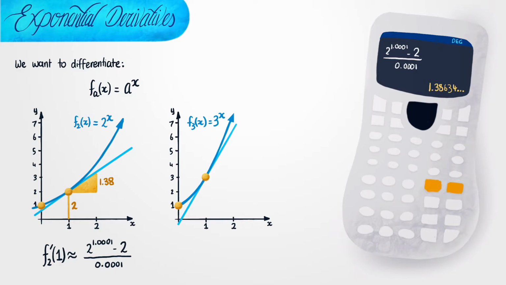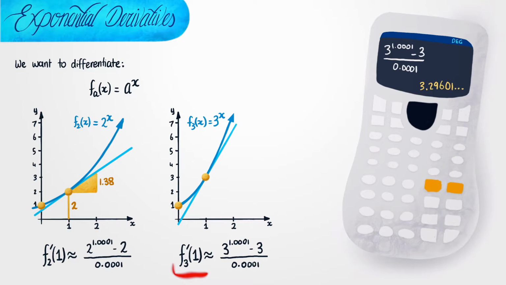We can find the derivative of f of x just by repeating the same procedure we had over here. The only difference is going to be that these 2's become 3's. And then we can just go ahead and ask the calculator what this is equal to. So this time, we notice that the derivative of f at x equals 1 is equal to 3.29601, which I'll also go ahead and draw directly onto this diagram.